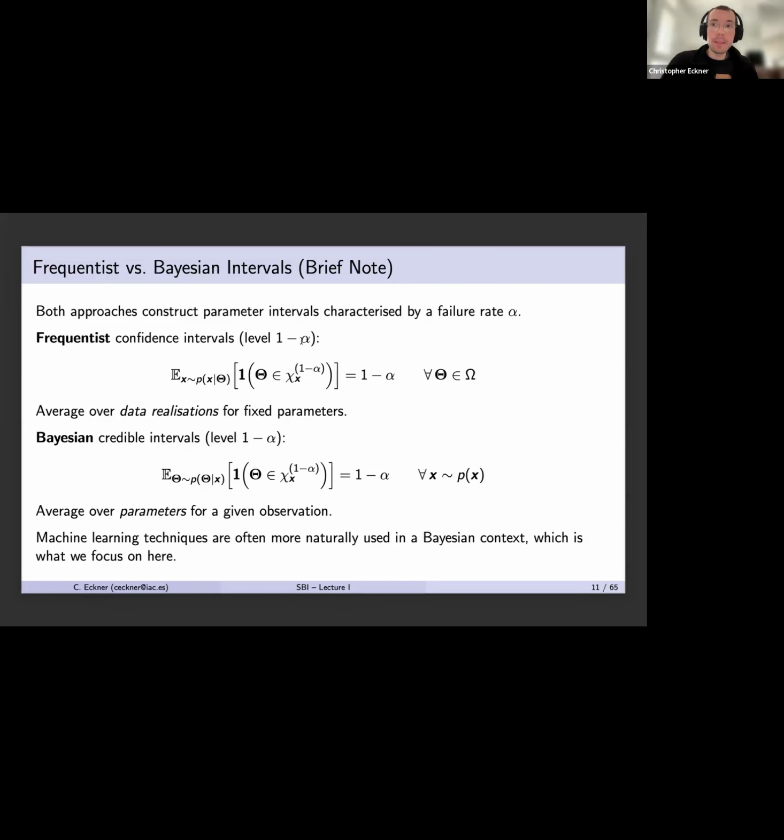What does this mean? For a frequentist, this means that the parameters of that particular experiment are fixed anyway. The only thing I can do is repeat different realizations of this, because I have this tabletop experiment and I can just repeat everything over and over again. This gives me different parameter estimates.